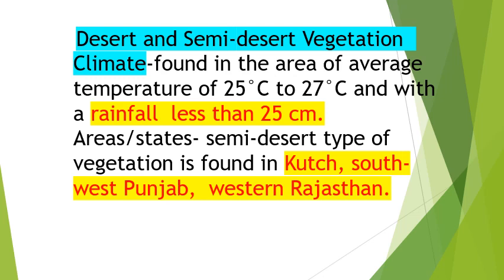So the areas or the states of this type of vegetation are Kutch, which is the northern part of Gujarat. Then we have southwest Punjab. Then we have western Rajasthan, where we have the Thar desert. So in all these areas we find desert and semi-desert type of vegetation.